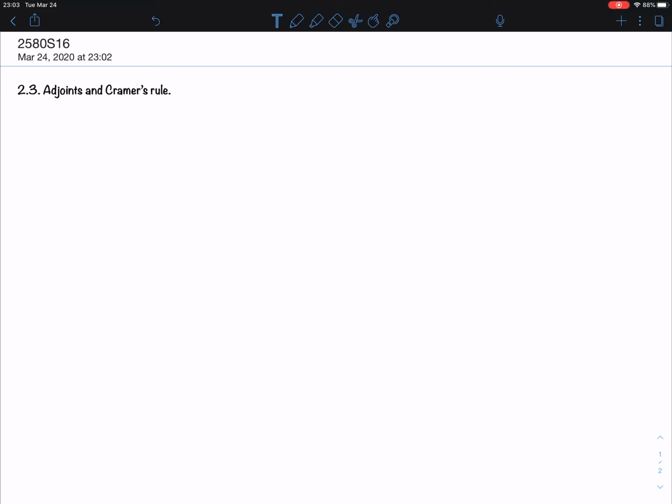Okay, so we continue with determinants and matrices. Okay, so what do we have so far? We have two ways of finding, I'll do a quick review here. So a review is that we have the determinant of a matrix.